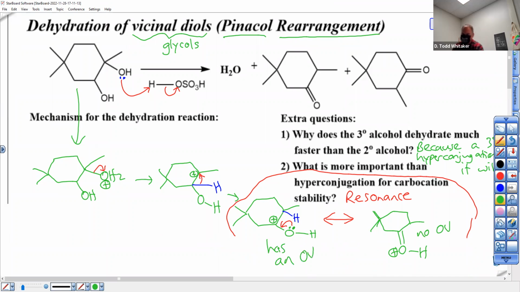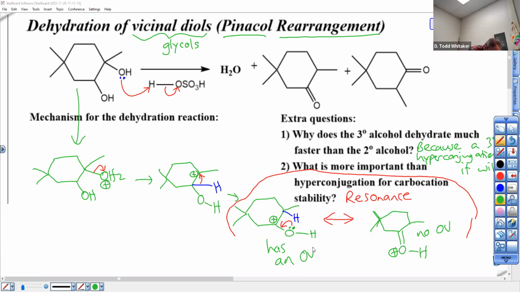That's why carbocations are so darn hard to make. They have an octet violation. Well, if you can make one that can resonate to not have an octet violation, you are home free. So what is more important than hyperconjugation for carbocation stability? Resonance. Here's how it happens, and here's the final product.